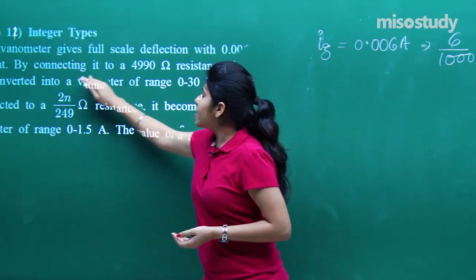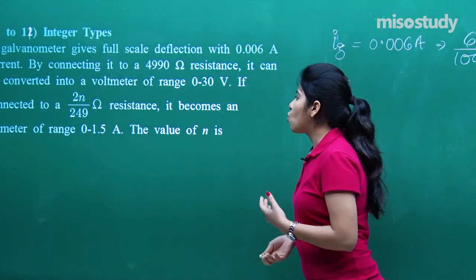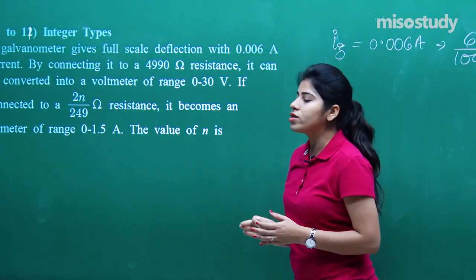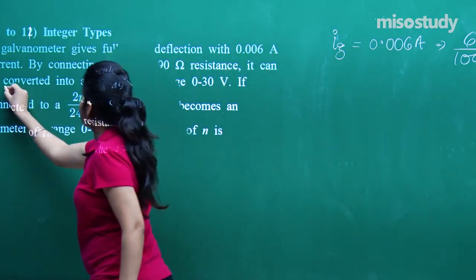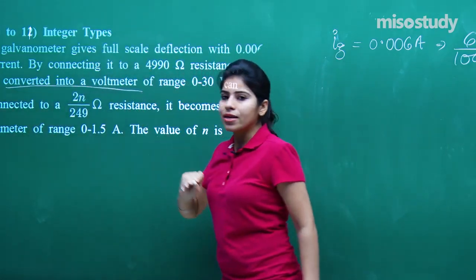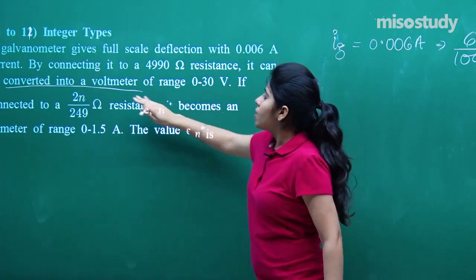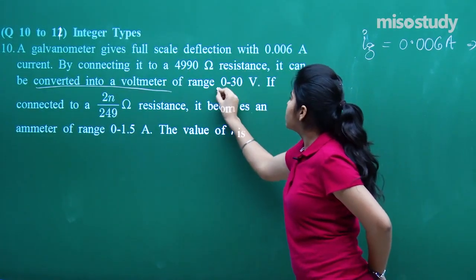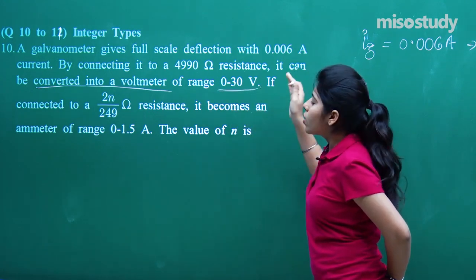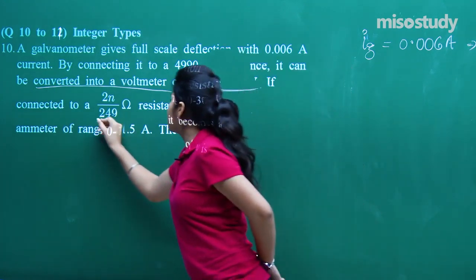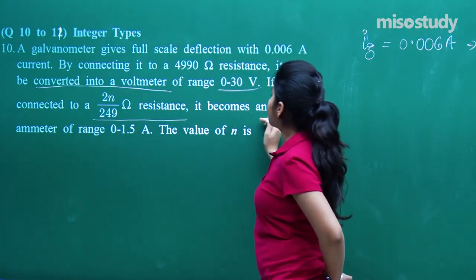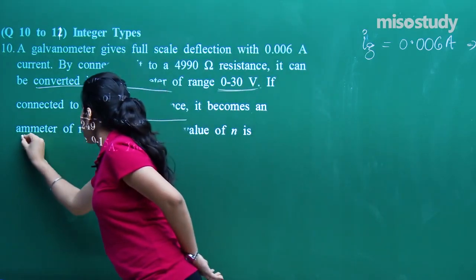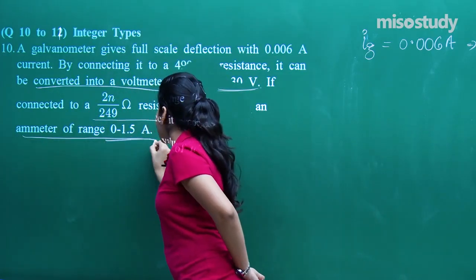Now by connecting it to a 4990 ohm resistance, it can be converted into a voltmeter. The important thing in the question is that here it is being converted into a voltmeter of range 0 to 30 volt. Now if it is connected to this much resistance, it becomes an ammeter of range 0.15 ampere.